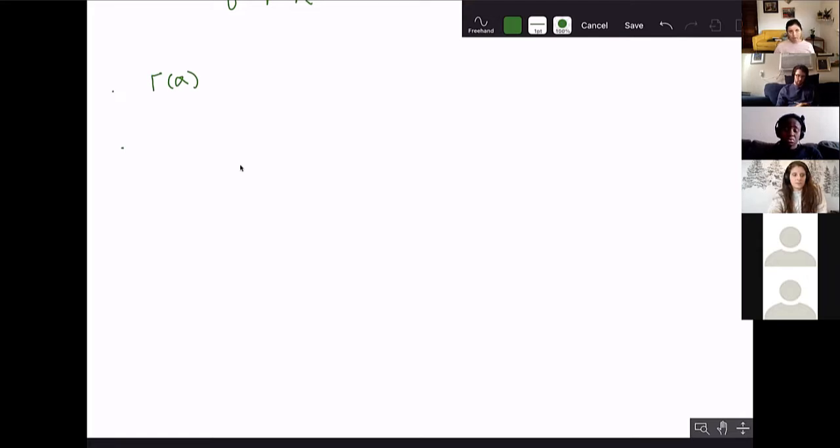I don't know if you can see the Wikipedia page I just pulled up, but it's a weird integral. But we don't have to actually do the integral? You don't have to actually do the integral. Okay.